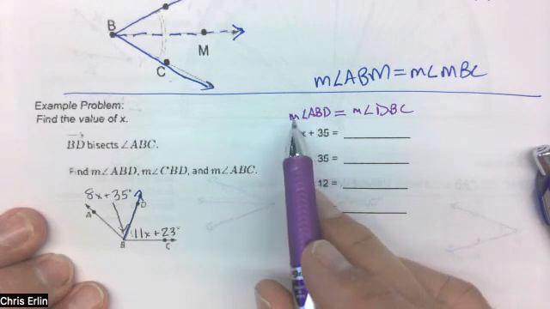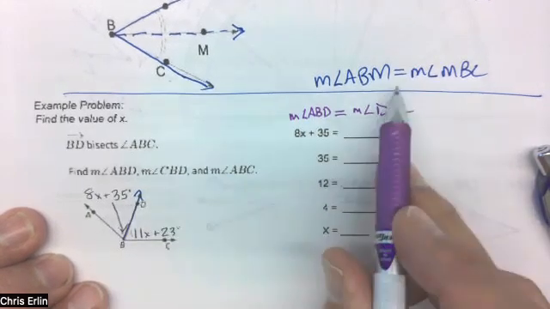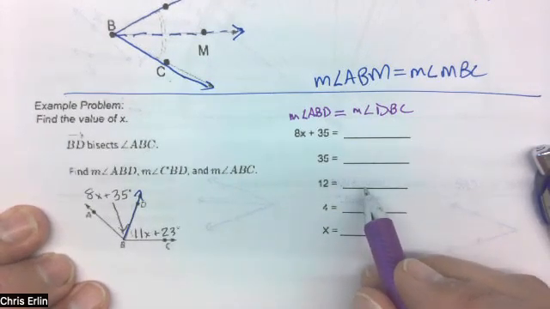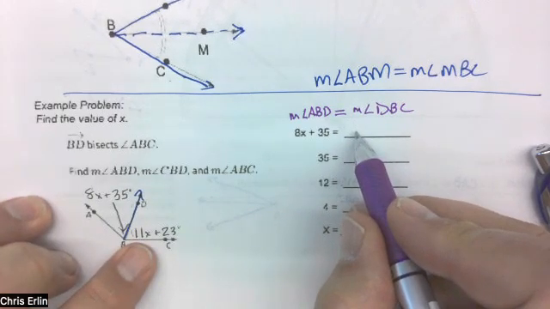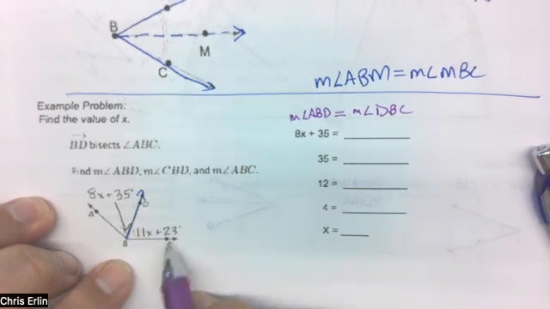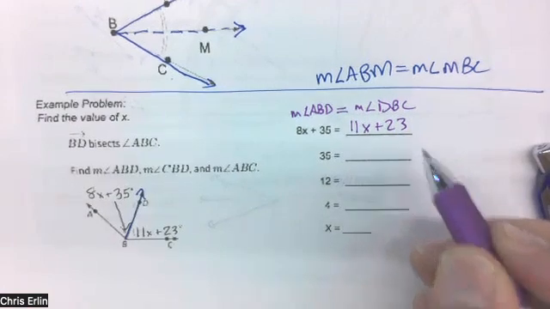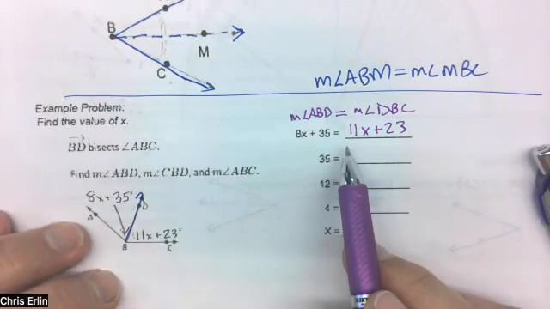Once that's true, I can substitute. If ABD is 8x plus 35, what should I put in place of DBC? What's the algebraic expression for DBC? Now to solve this, what would I do?